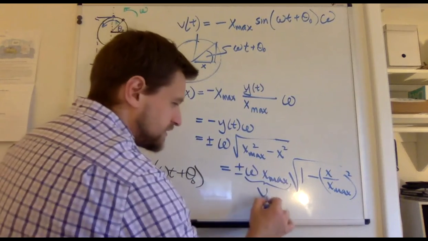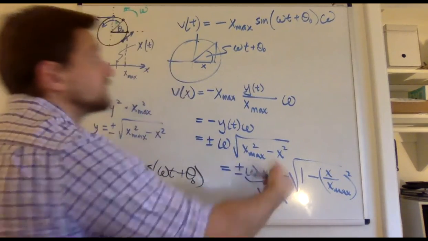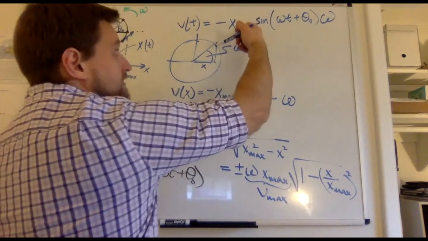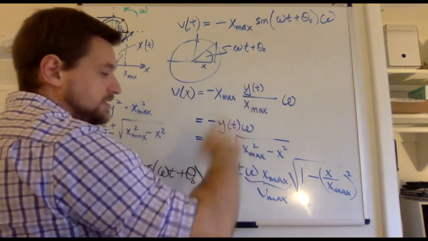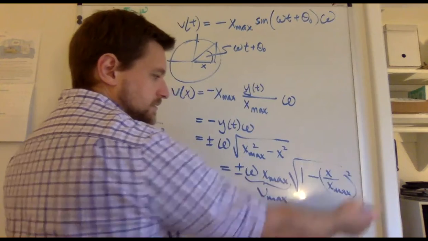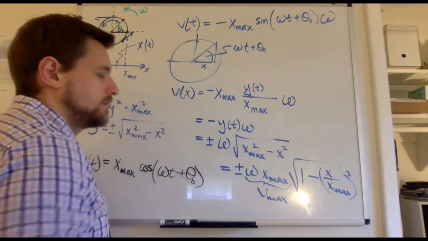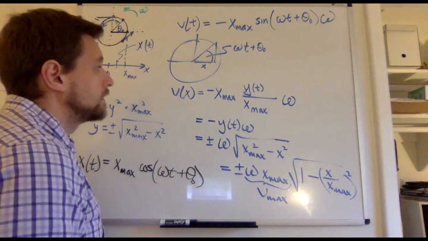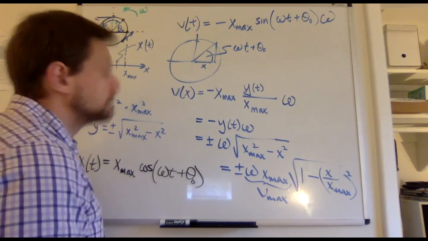That's the thing we said was equal to v max. So we can modify that equation that we had a second ago. V of t is equal to v max times the square root of 1 minus x over x max squared. Wow.